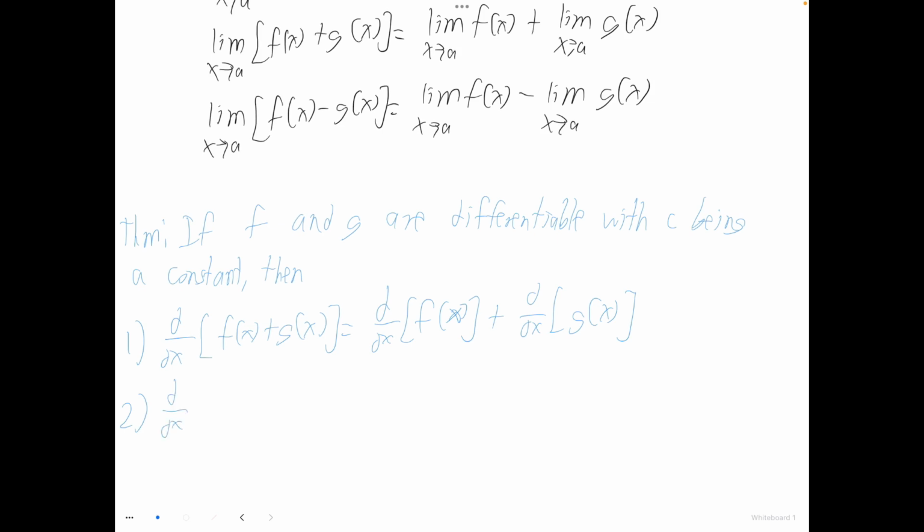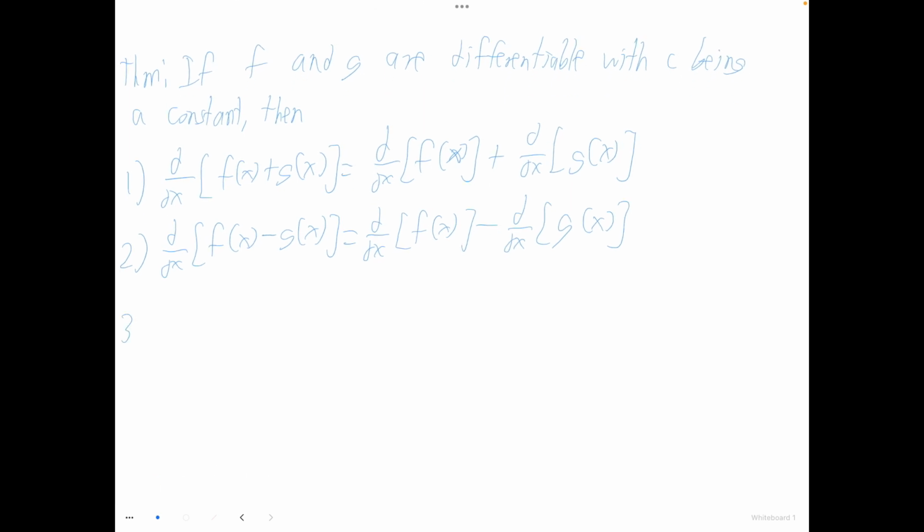Second, the derivative of f of x minus g of x equals the derivative of f of x minus the derivative of g of x. And third, the derivative of a constant times f of x equals that constant times the derivative of f of x.